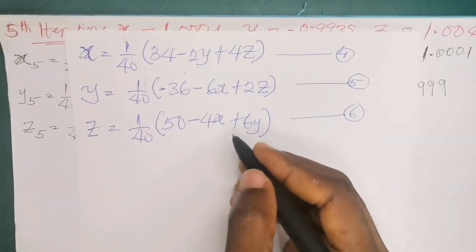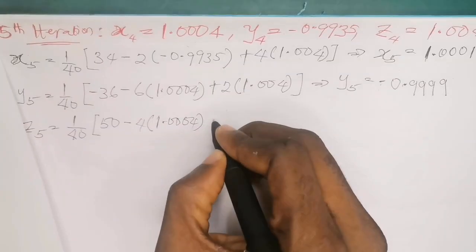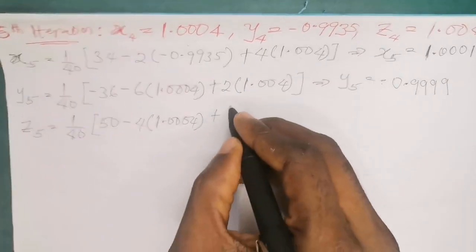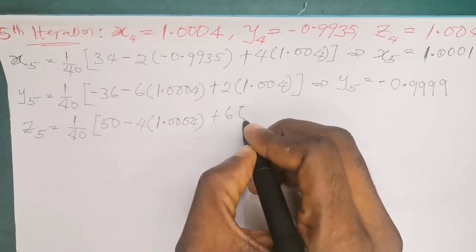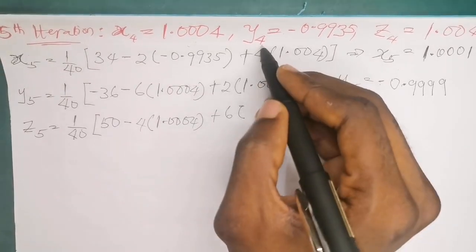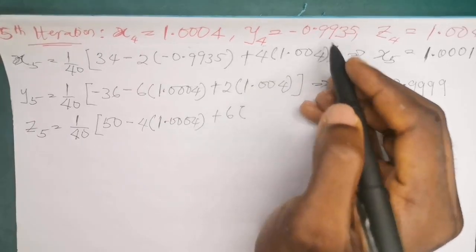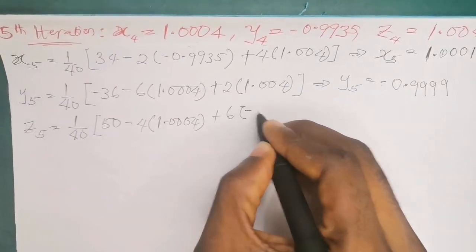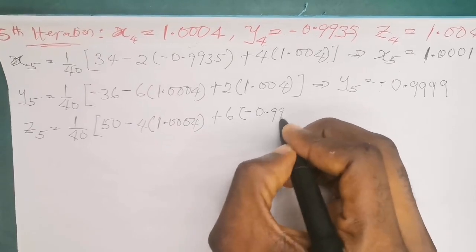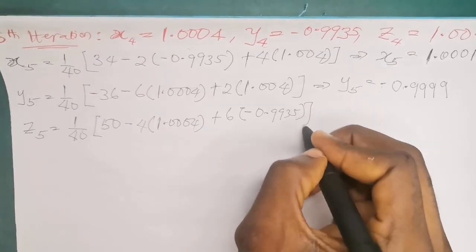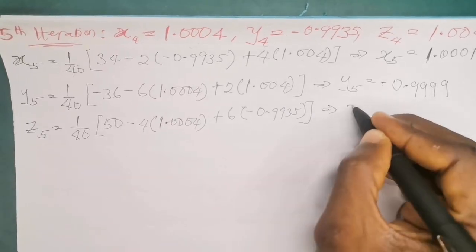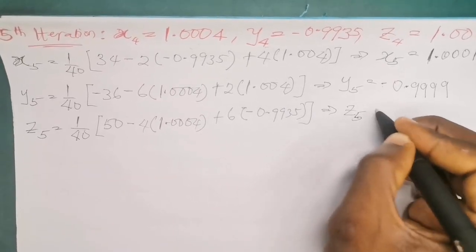Then I have plus 6y. y is y4. So plus 6 y4, and y4 is actually negative 0.9935. So let's see what we are going to have for z5.